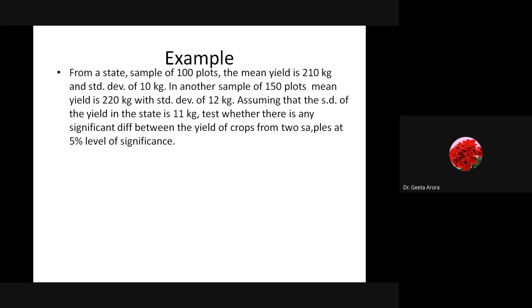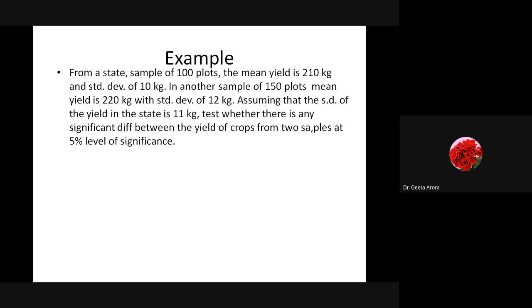Here we are saying from a state sample of 100 plots, the mean yield is 210 kg and standard deviation 10 kg. We are talking about the mean yield, so we are talking about kgs. In another sample of 150 plots, mean yield is 220 kg with standard deviation of 12 kg.